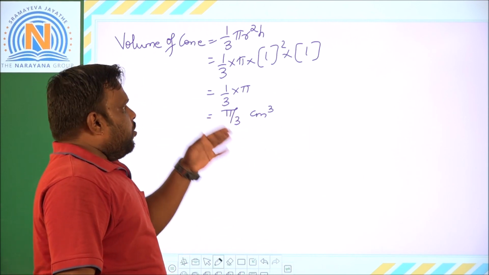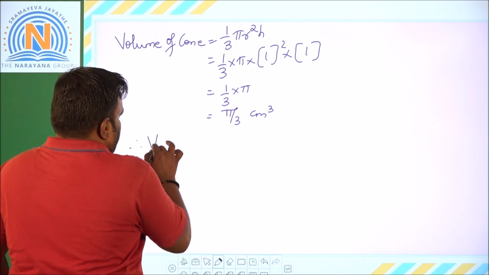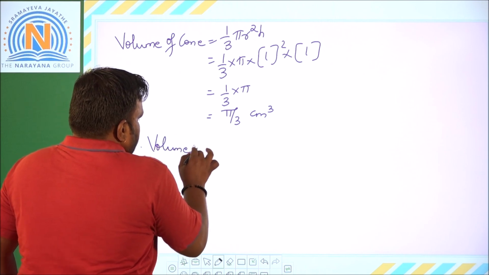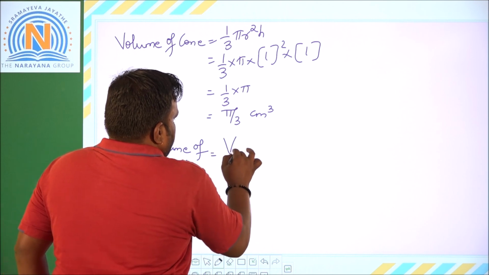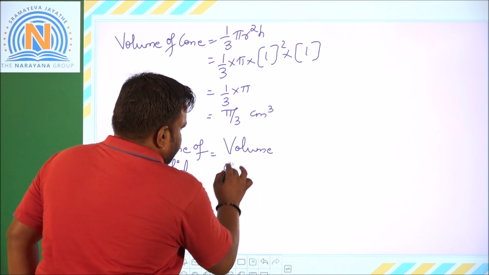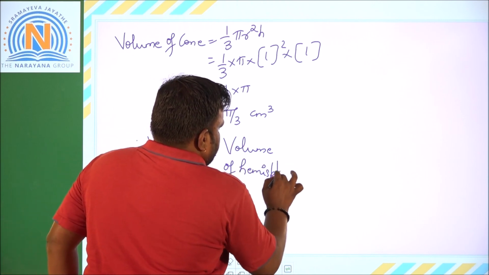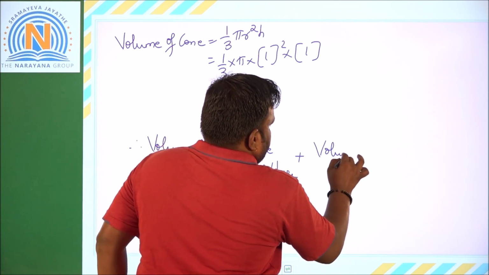Now what you have to do, you have to find out the volume of complete solid. So therefore volume of solid is equal to all the constituents whatever are there in there. So volume of hemisphere plus volume of cone.